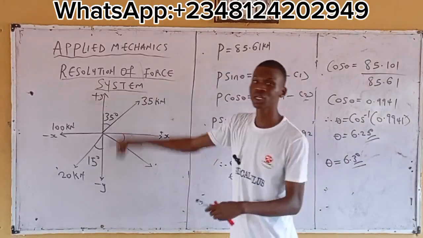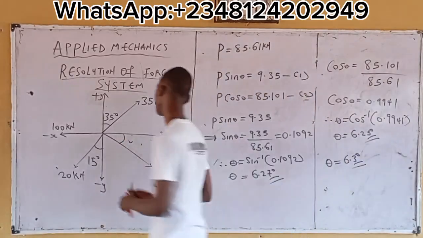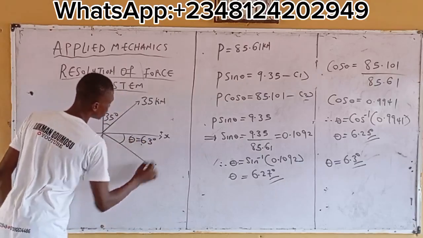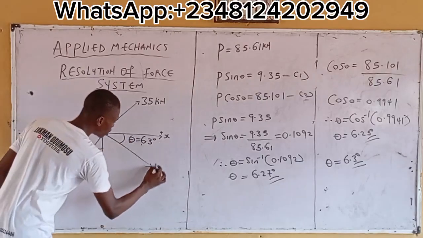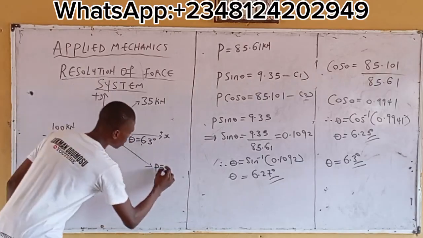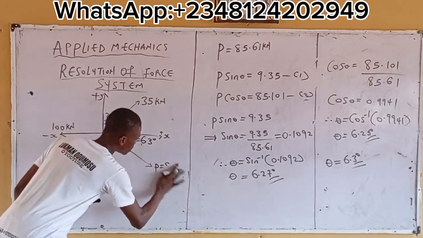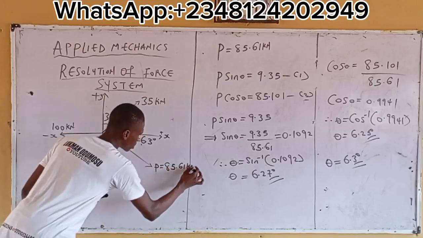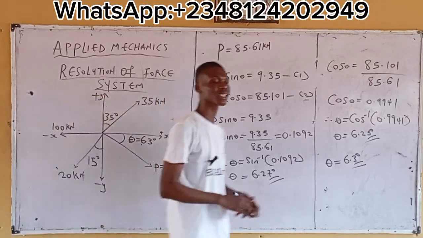Meaning, for this to be in a state of equilibrium, the value of the angle is 6.3 degree, and the value of P is equals to 85.61 kilonewton. So you've answered that question.